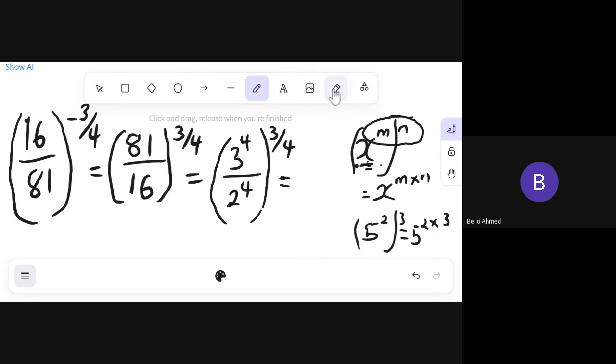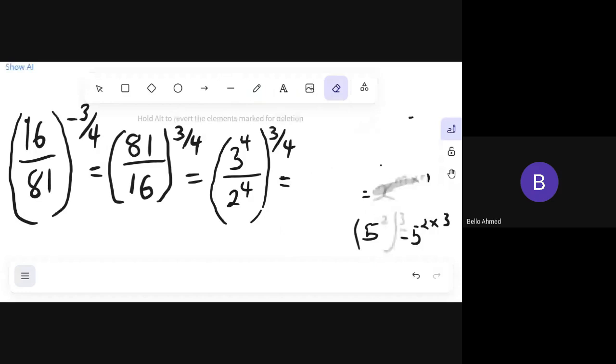So let me clean this. What I'm saying now is that for this 3 raised to the power of 4, we are going to use its power, which is 4, to multiply 3 over 4.